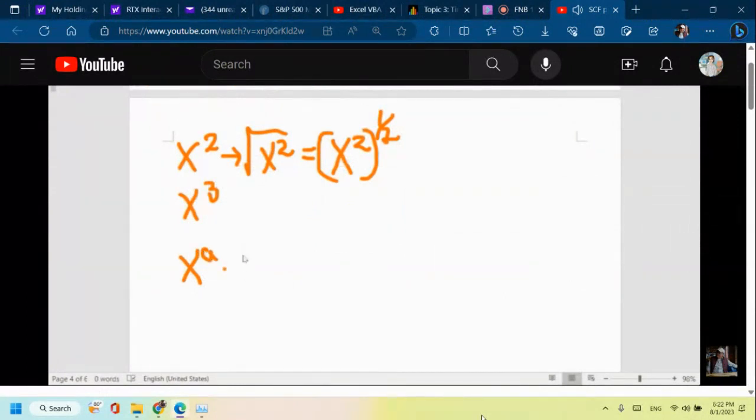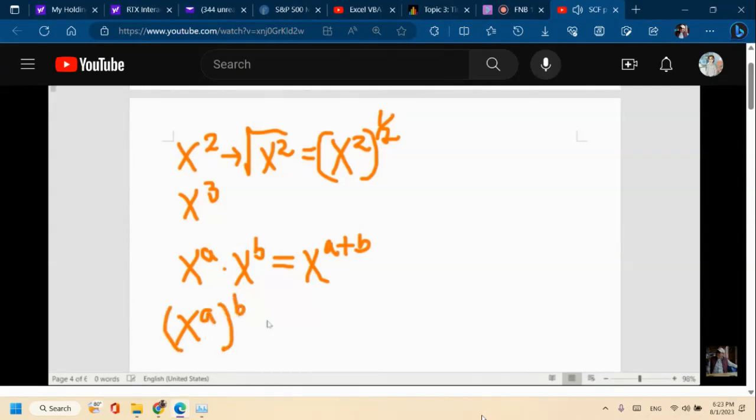X raised to a times x raised to b is x raised to a plus b, and x raised to a, raised to b, is x to a times b.